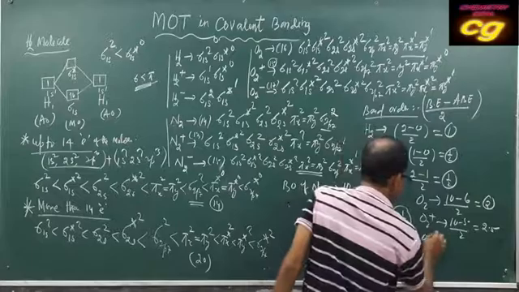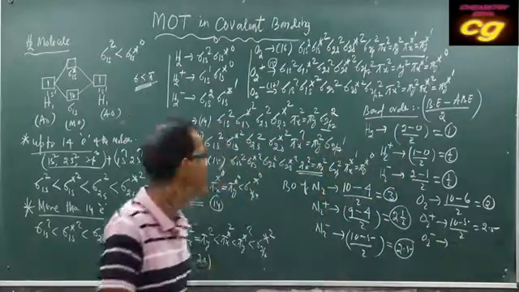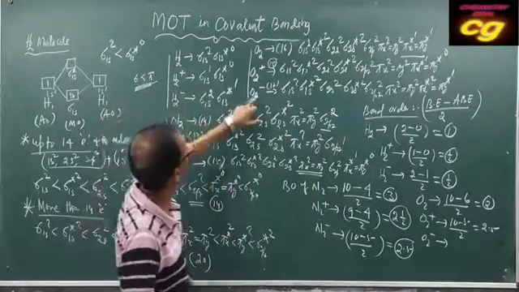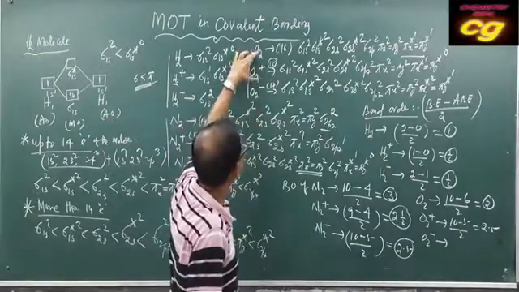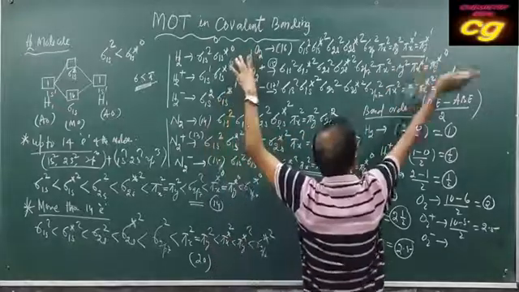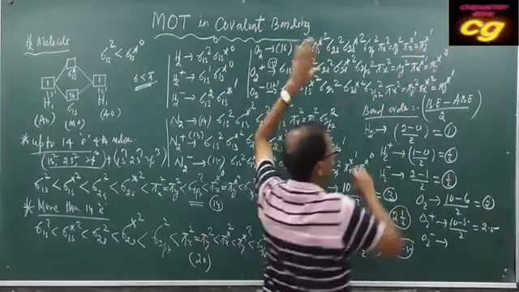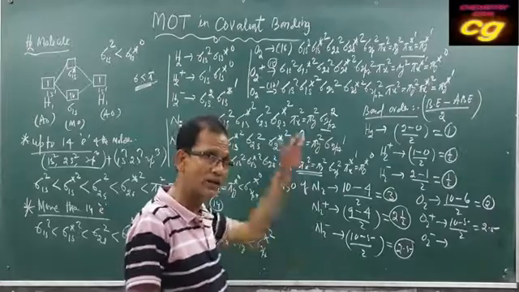Then O2 minus means the electron is not lost, it is an electron gain in oxygen. There is already antibonding, and another electron is added because its capacity is 2. Already having one electron, one more electron can be added.